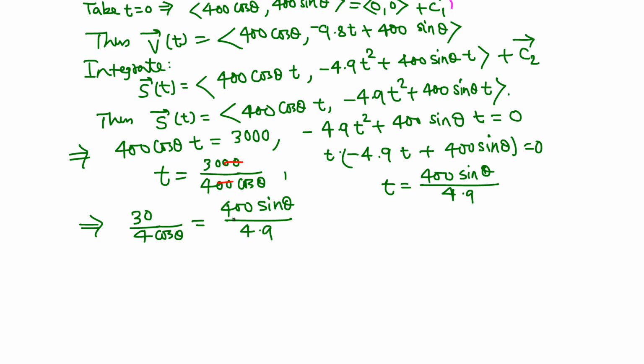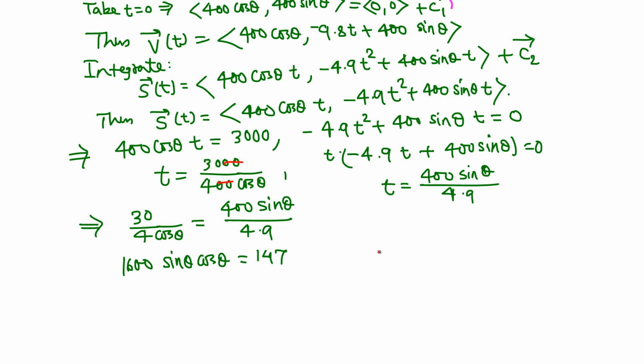Let me cross multiply. 1600 sine theta cosine theta equals 30 times 4.9, that's 147. Now we have two different trig functions. We are supposed to isolate theta from here, which is a little bit tricky.